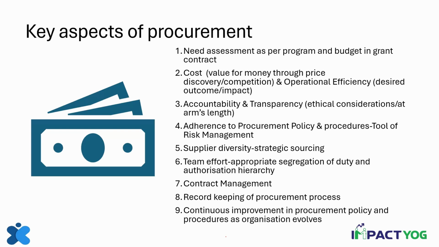The next one is supplier diversity, which means that you have to continuously work on improving your supplier database. That is what is called strategic sourcing. Finally, all procurement is given by vendors. Now how do you ensure that those vendors are giving you value for money, number one, and second, operationally the product is better than what it was last time.